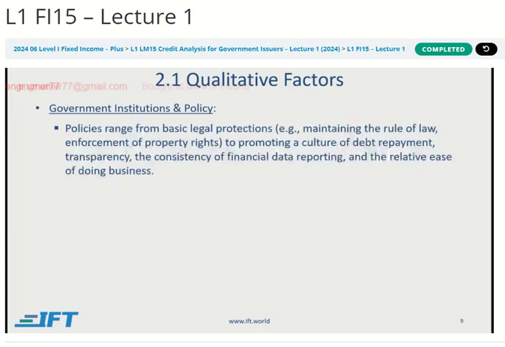So are the basic legal protections in place, such as maintaining rule of law, enforcing property rights, promoting a culture of debt repayment? Do the leading politicians stand by their word, right?